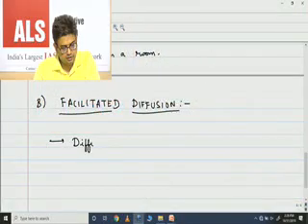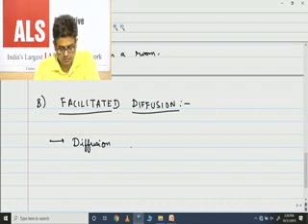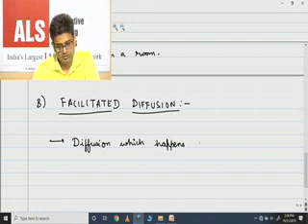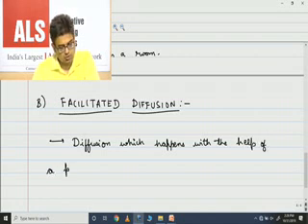Facilitated diffusion. So please write. Diffusion which happens with the help of a protein carrier is called facilitated diffusion.